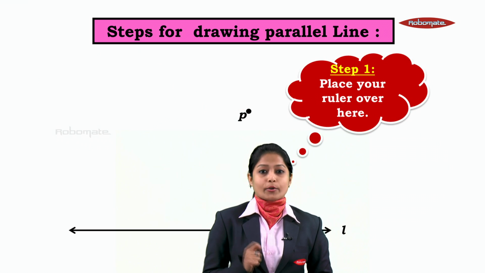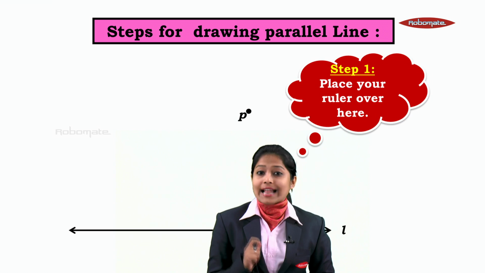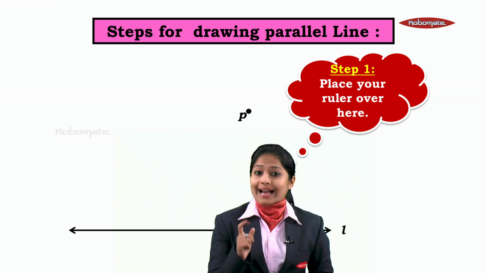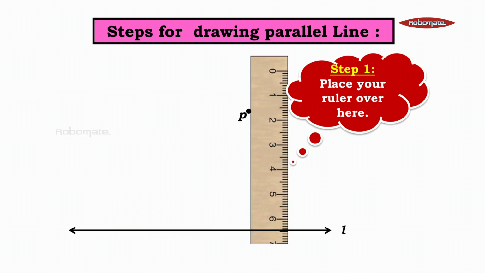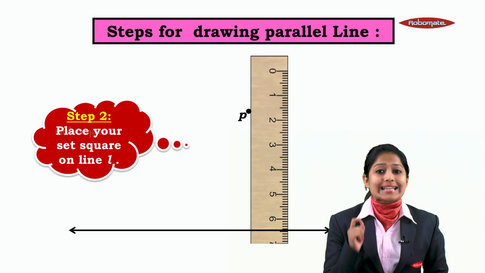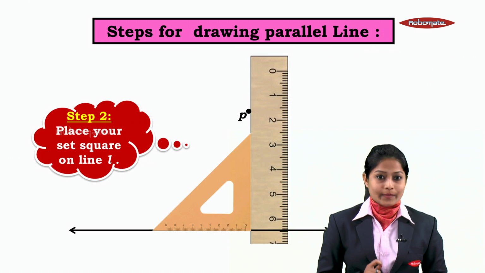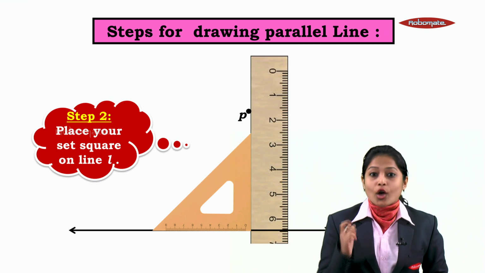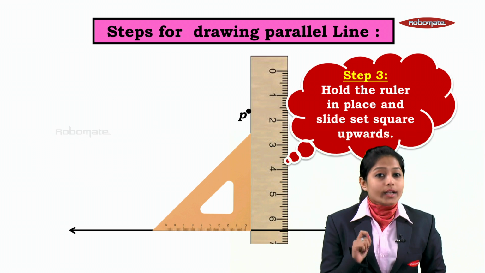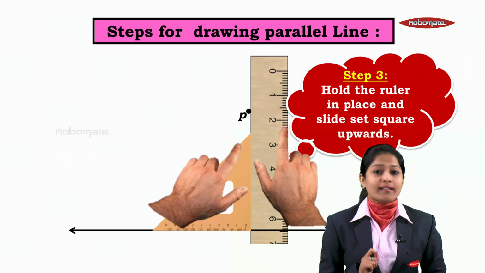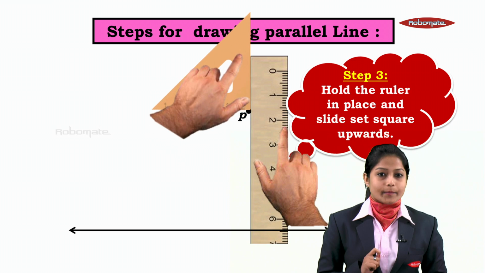Now students, proceeding ahead with step 1, you need to place your ruler over here as it is shown just next to the point. And after we place the ruler, we are supposed to place the set square on line L, something like this. Proceeding ahead with step 3, we need to hold the ruler and slide the set square upwards.